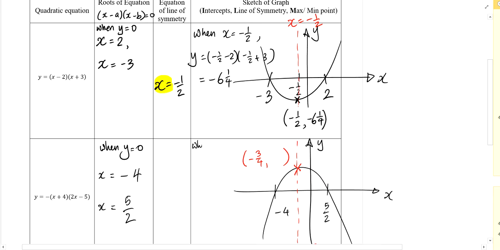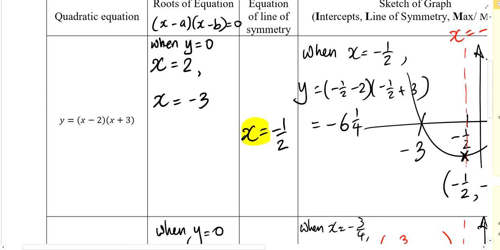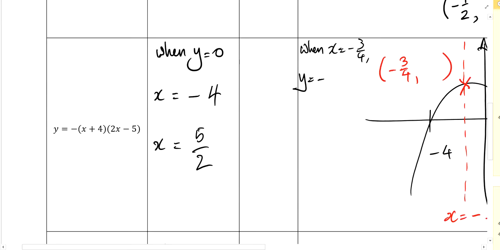When x equals negative 3 over 4, y equals, then fill in the blanks. Negative times negative 3 over 4 plus 4 multiplied by 2 times negative 3 over 4 minus 5. So it's just simple substitution.